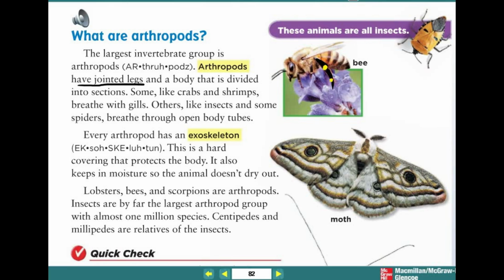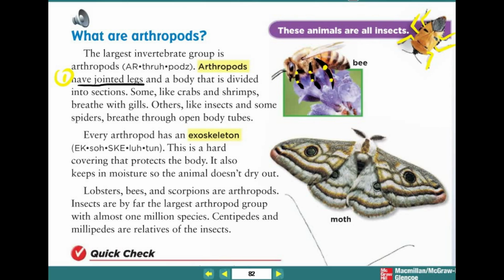If you look at another leg like that, and another one like that, you can see something between all of the parts of the legs. This is called a joint. Now all of the legs of the arthropods will be like that, jointed legs. That is the first feature all the arthropods have.